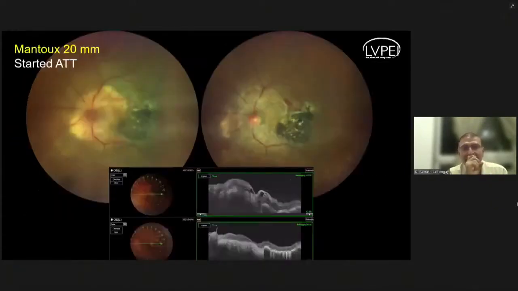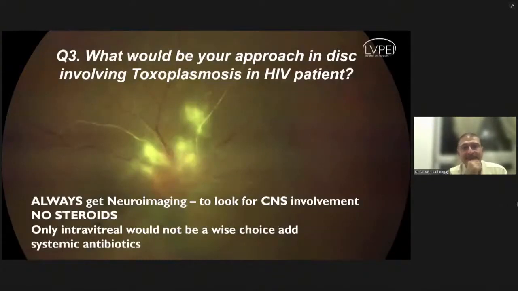So rightly so, we made a diagnosis of possible etiology of tuberculosis. We started the patient on anti-tuberculosis treatment, and the proof of concept is the resolution, what you can see on the right. So sometimes clinical reasoning, with the clinical features patients present with, helps us to find the etiology and makes it easier.